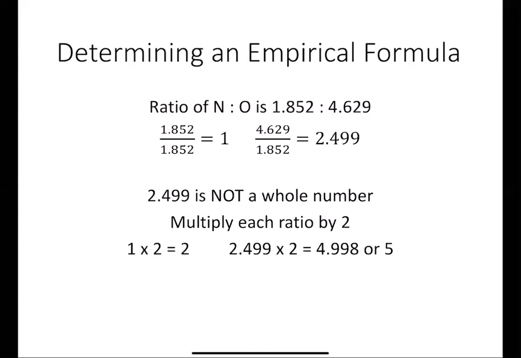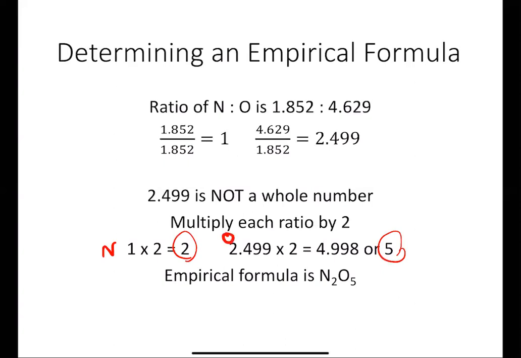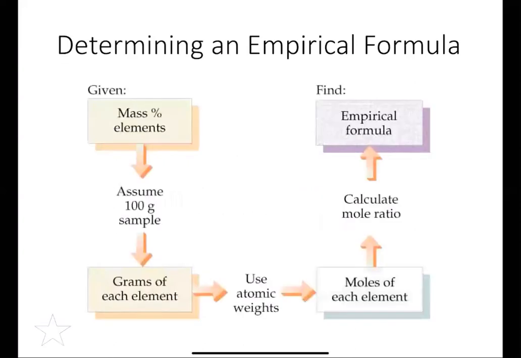So 1 times 2 is 2, and this is pretty much 5 because it was 4.998, and we don't even have that many significant figures. So 5. So our empirical formula is N2O5. Does that make sense? Because this was N, and this was O. All right. So this kind of summarizes our steps a little bit.